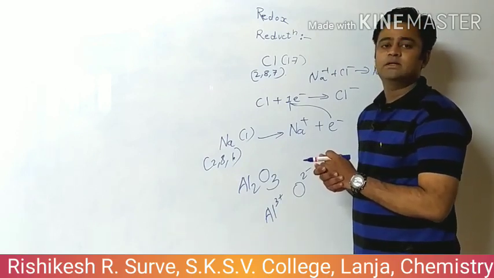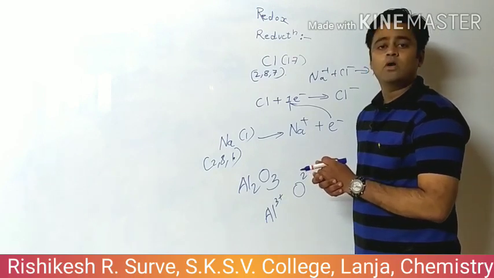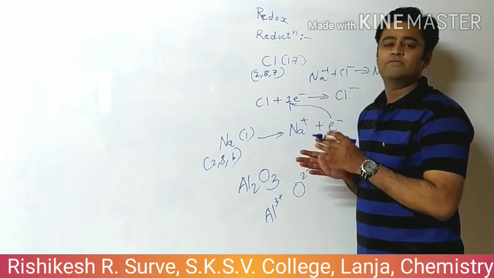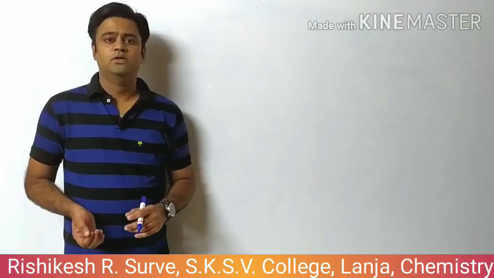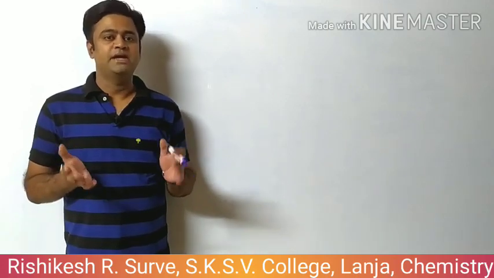Now we will see how to find out the oxidation number of a species. Now let's see what is oxidation number. Oxidation number is the measure of extent of oxidation of an element in its compound.